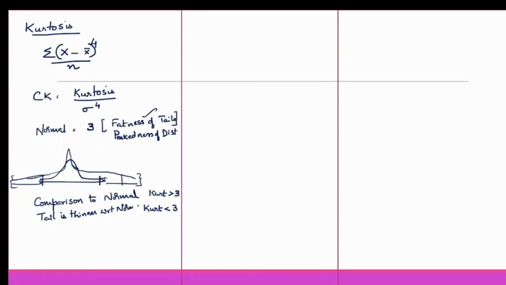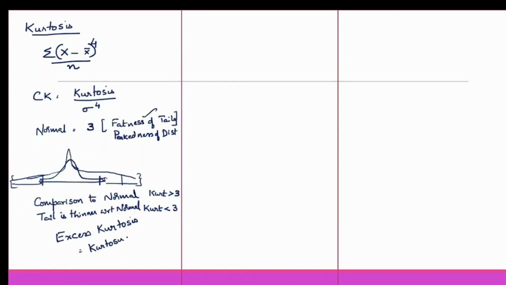So overall, whether it is thinner or fatter, it is deviating from the normal distribution. In some cases, some software or some functions measure kurtosis as something called excess kurtosis, which is nothing but kurtosis minus 3.